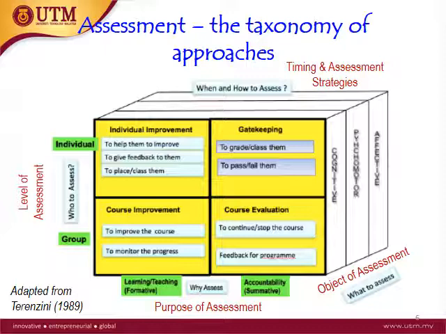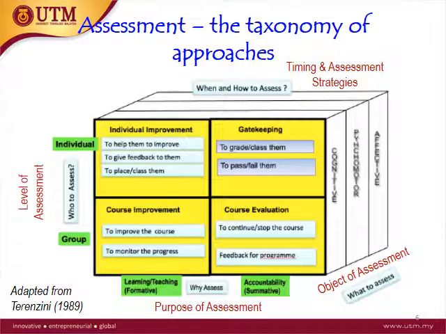Basically, what we want to assess here is the achievement of the course learning outcomes. For individual improvement, that is actually the purpose of assessment, the results of the assessment will help us to improve students' learning, to give feedback to them, and so on. An example is the individual performance test.